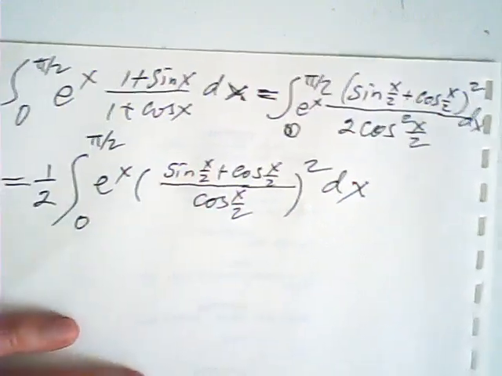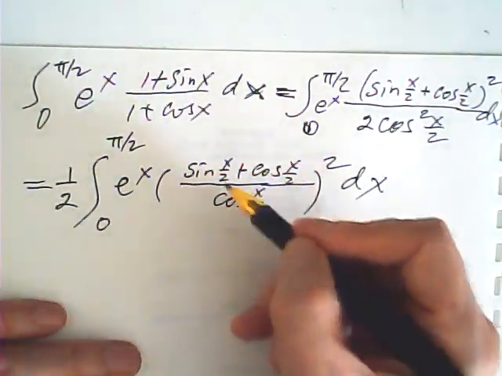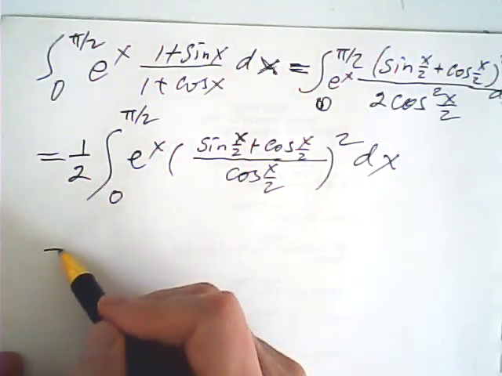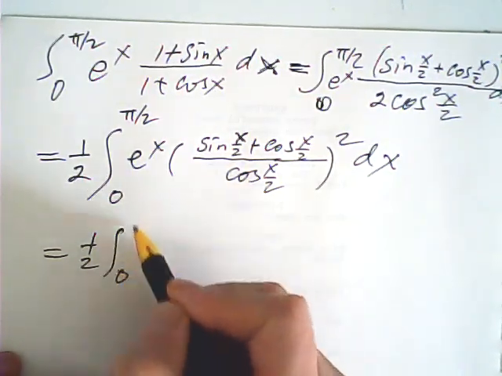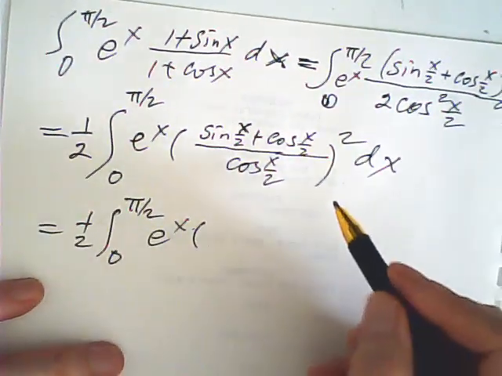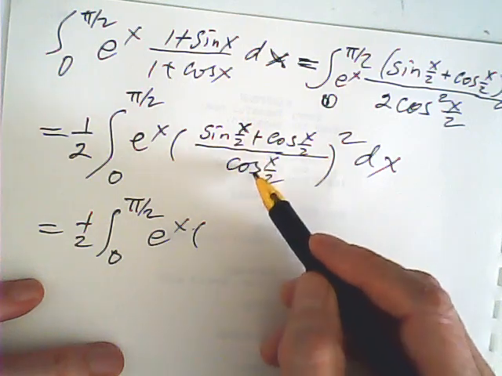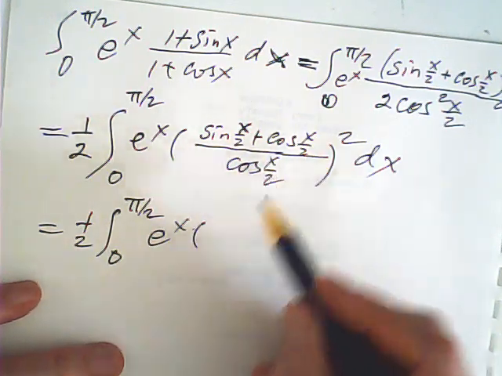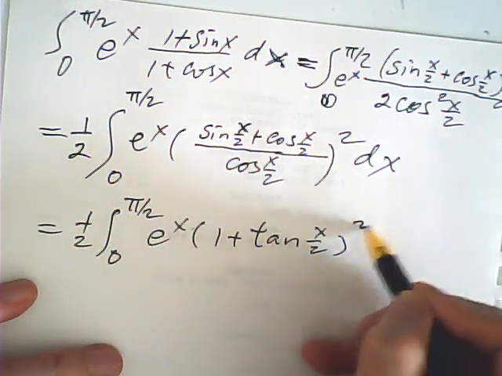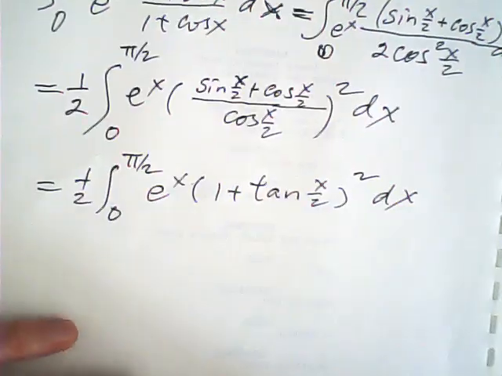Yeah, it's better not jumping. This one equals 1/2 integral e^x. This over this is tangent, this over this is 1. So it's 1 plus tangent half x, squared dx, right?